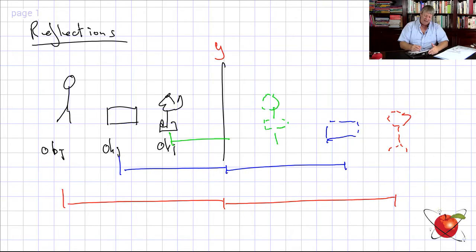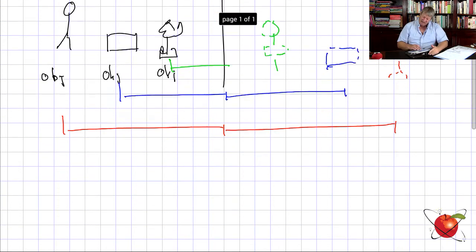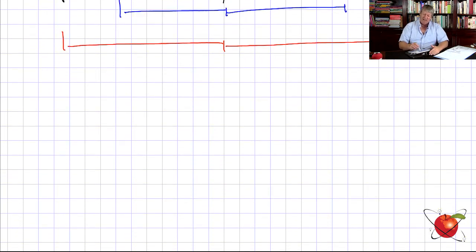So if we are reflecting about the y-axis, I see everything equally behind there. So we pretend that's the mirror. And if we are reflecting about the x-axis, I see that as my object. This is the mirror.